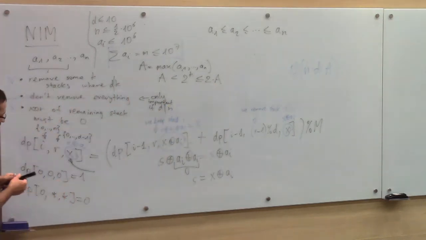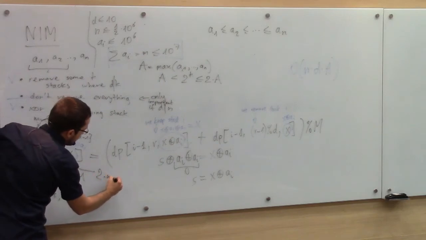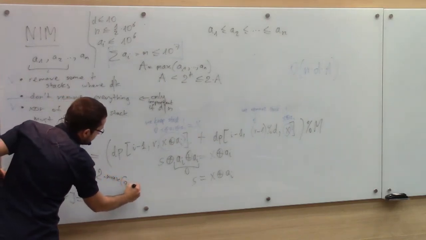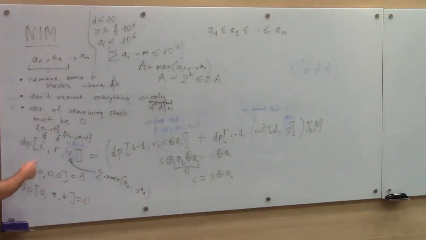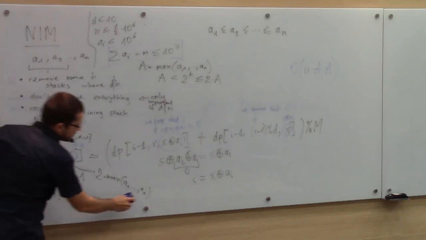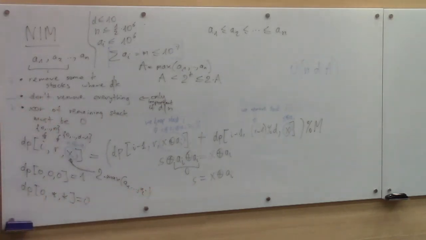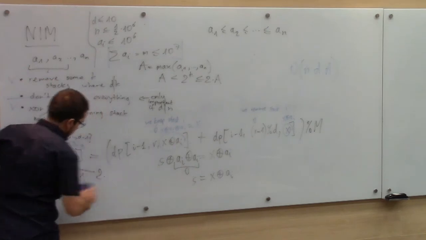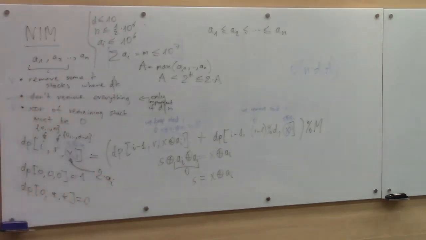So before it was bounded by 2 times the max of all of the numbers, now it will be bounded by the maximum over the numbers up to the ith stack. Here we don't have n, we have I, but because we sorted the stacks, we know that this is bounded by 2 times AI.